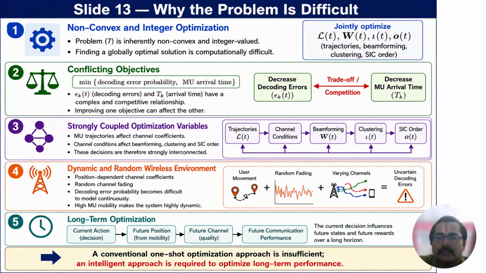Arrival time increases. You have to find a sweet spot, a balanced value. That is the difficulty. Also there are strongly coupled optimization variables: clustering, beamforming, channel context, trajectory, SIC decoding order. Next is dynamics: as the mobile user is moving, the channel is also dynamic.